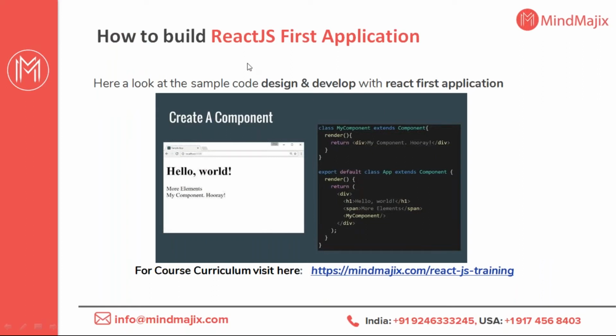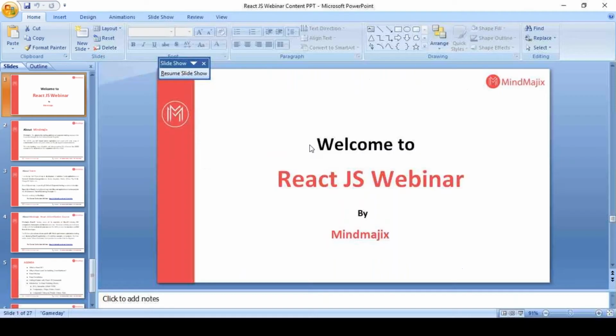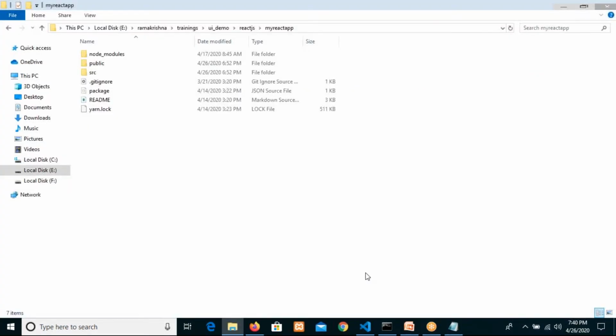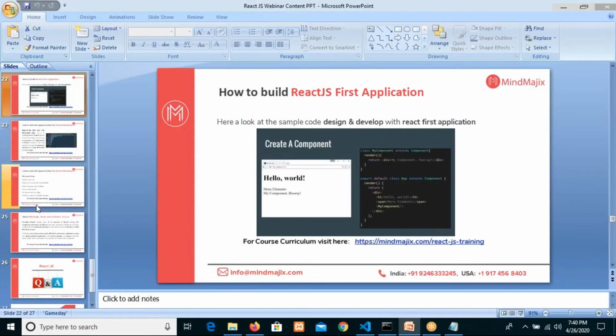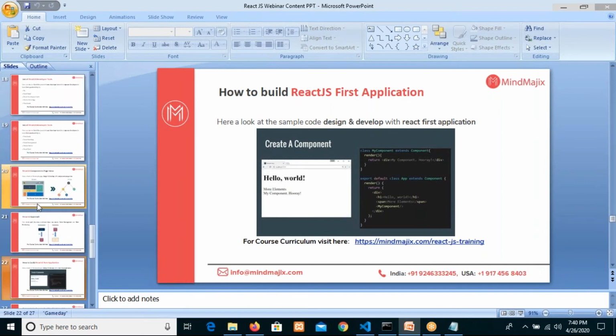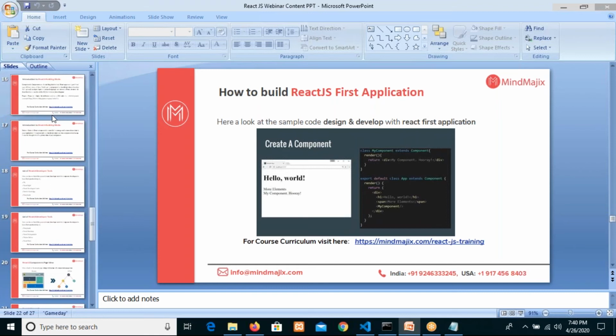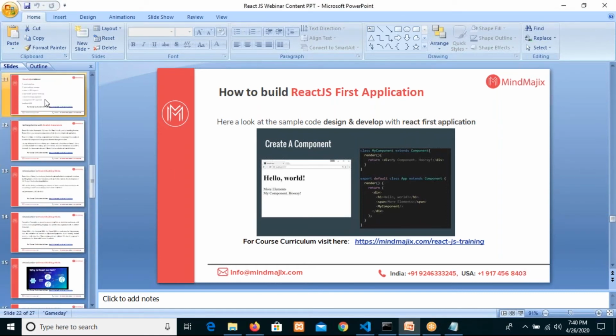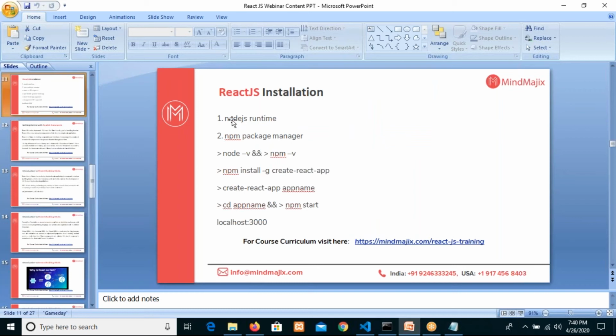Okay, let us come to the point of how we can develop an application and create a functionality, as I have given you steps about the concept of installation. Let me just go back: Node.js runtime, npm package manager, all these points.